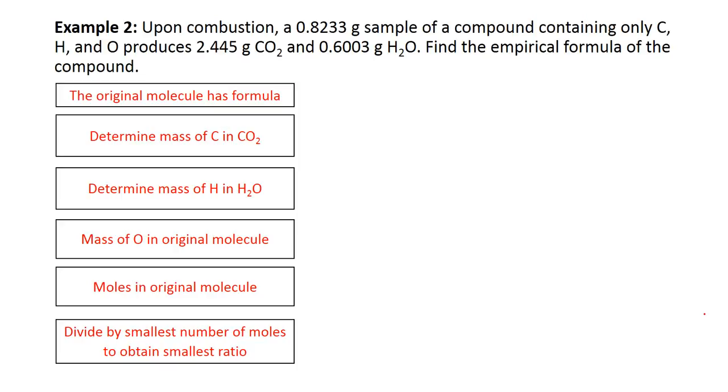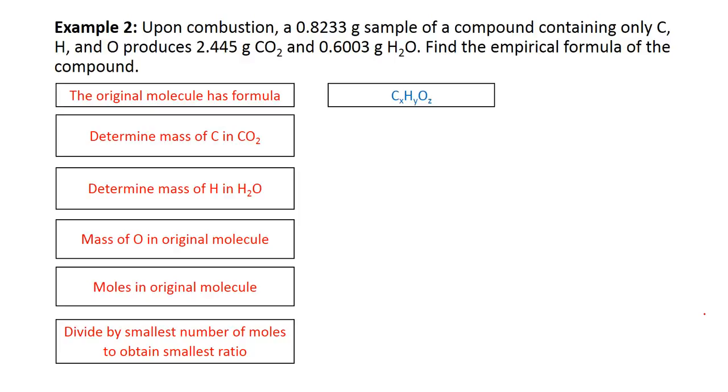Find the empirical formula of the compound. For this problem, you also need to find the formula of the original molecule, using X, Y and Z because we have 3 elements in that molecule. So we have CxHyOz.